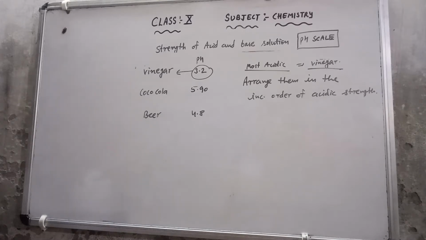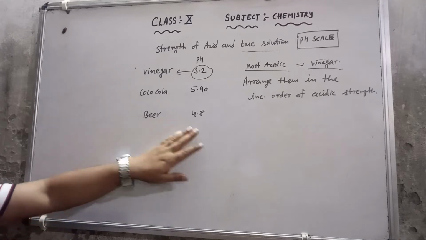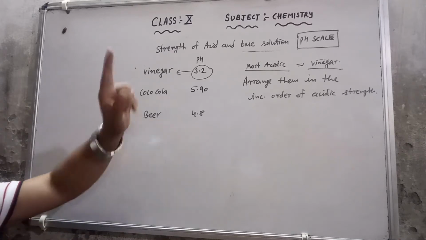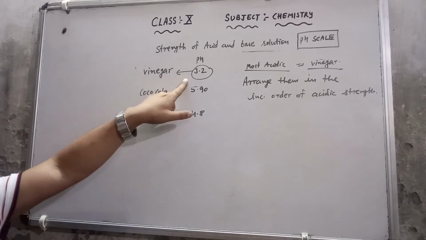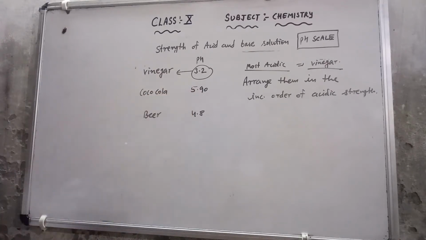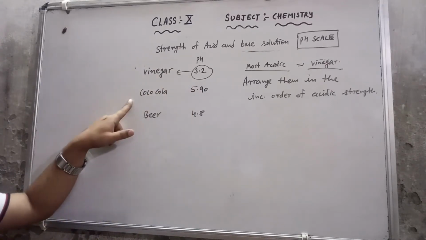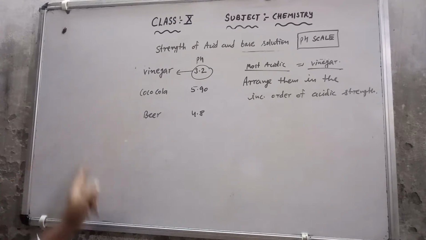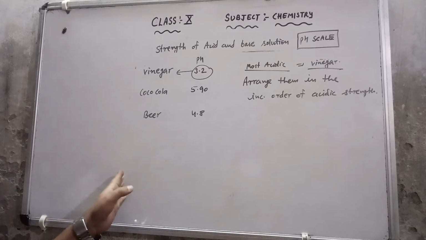The minimum pH value is 3.2, so that is the stronger acid. Which one has the maximum pH value? The maximum pH value is Coca-Cola, so this is a weak acid. For the increasing order, I write first the one that is weakly acidic in nature.